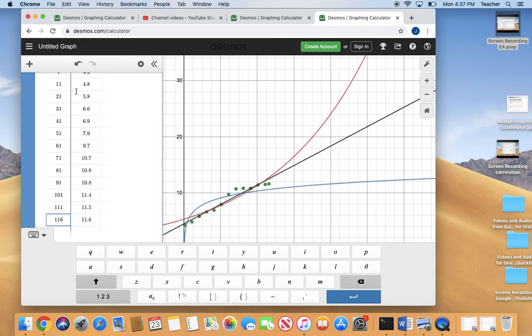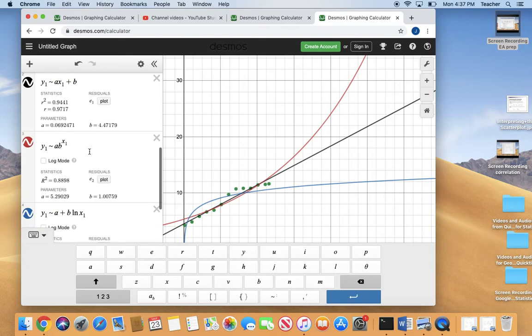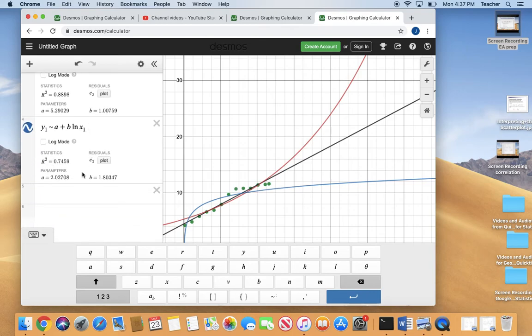So if I did that, now you get this R value here, and if you do it in your calculator, you'll get an R and an R squared. But actually, that wasn't a very good fit at all, because that R squared is 0.74.